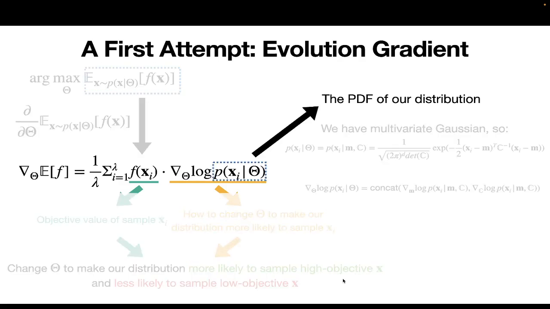When you actually derive this gradient, you're going to need to substitute in the PDF, or probability density function, of your distribution. We have a multivariate Gaussian here, so we substitute the PDF of the multivariate Gaussian.